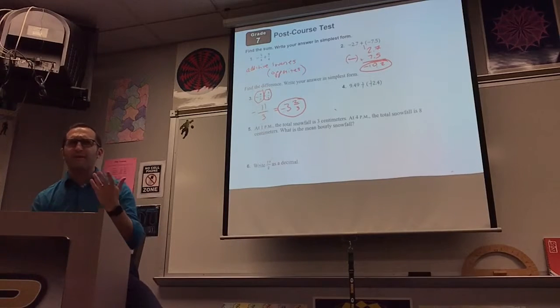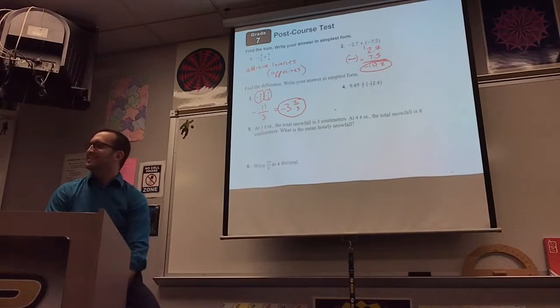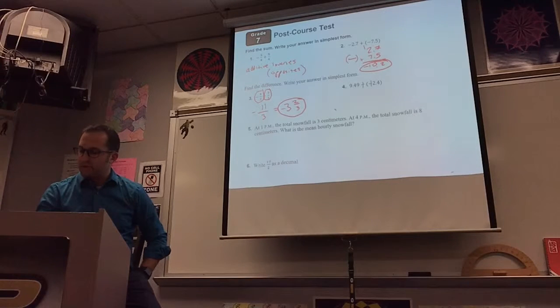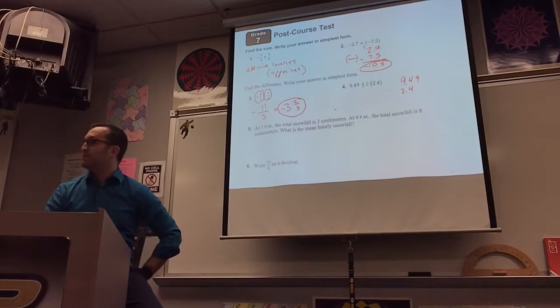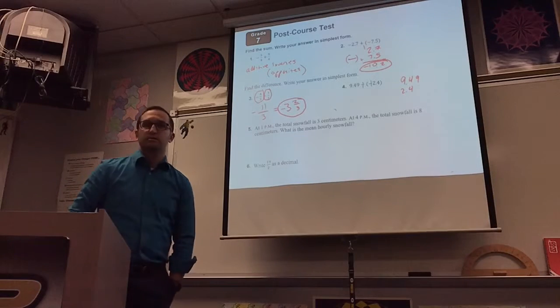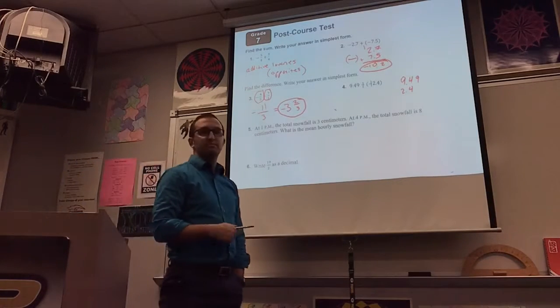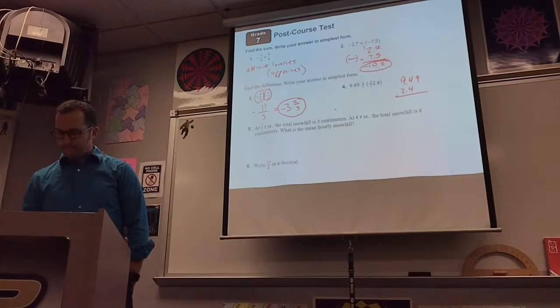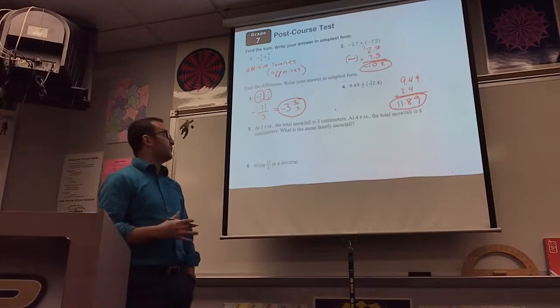Like, what is this whole carry thing, man? If I can change it to addition, nice. It's a lot easier. So I just make sure I line up the decimals, right? 2.4. I bet many of you could do this one in your head without lining them up. 11.89, right? So we did those first 4.